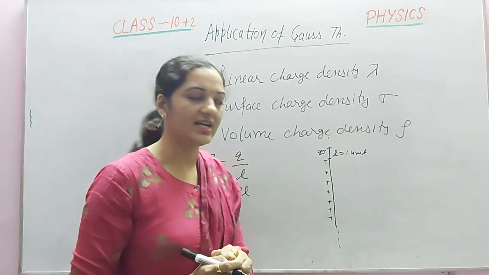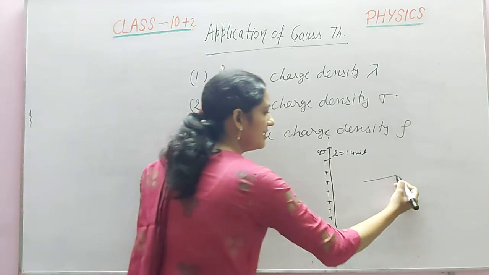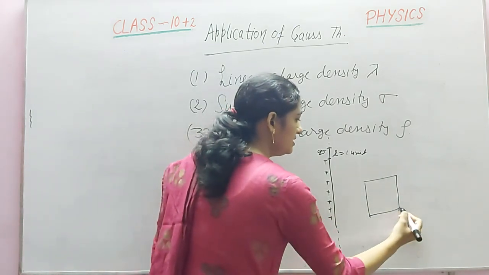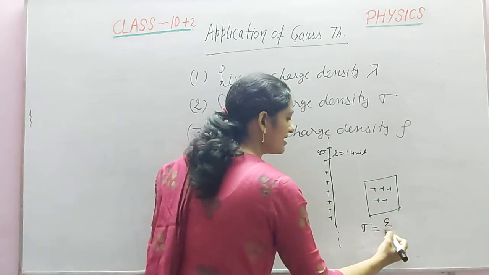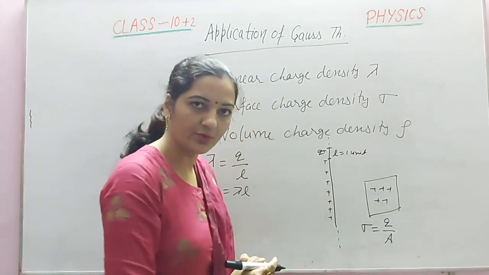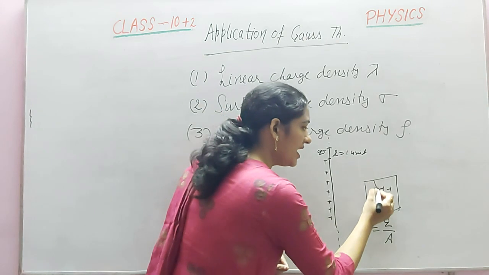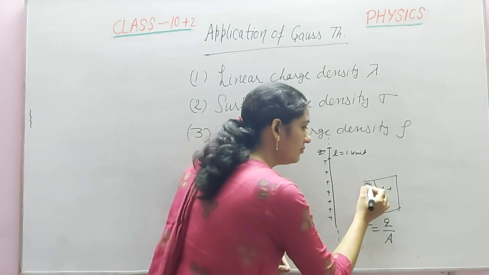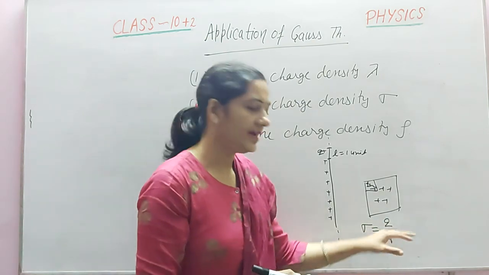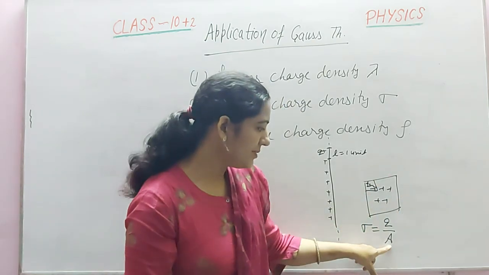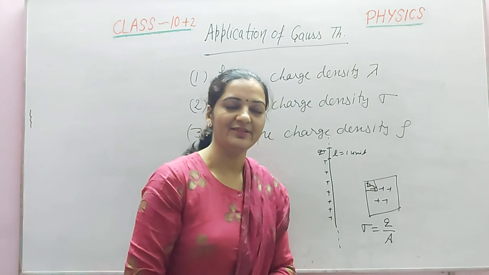Similarly, when we do the sheet of charge, we will use the term sigma. Sigma is surface charge density. In that case, we will have a sheet and sigma is given by charge upon unit area. It means it is the charge for 1 unit area. You can find the charge on the whole sheet by multiplying sigma with area.